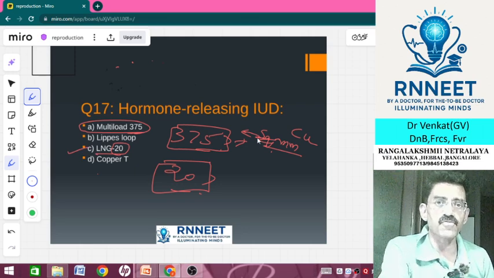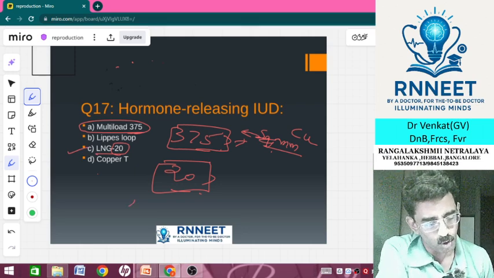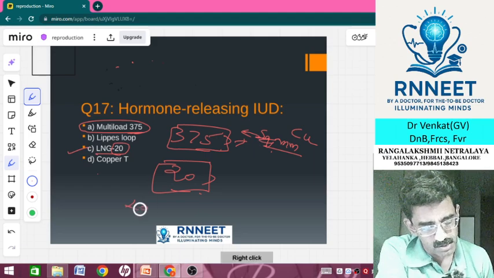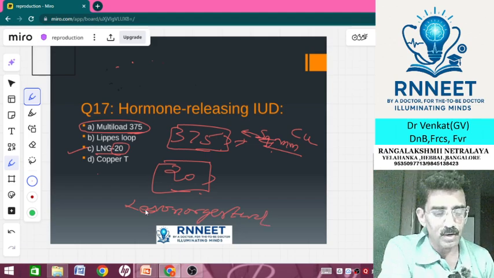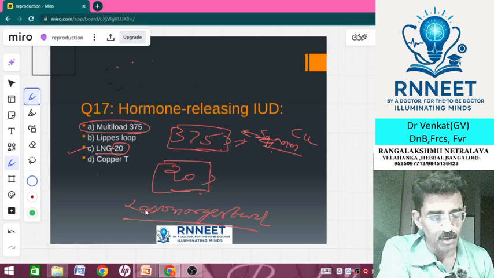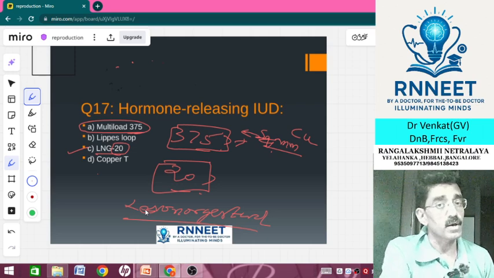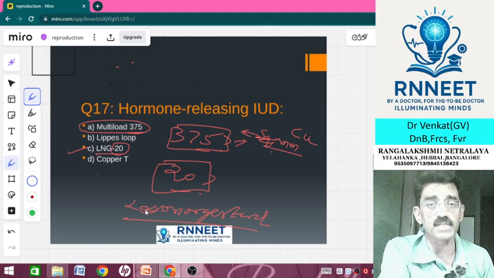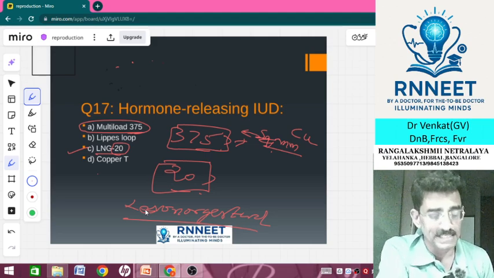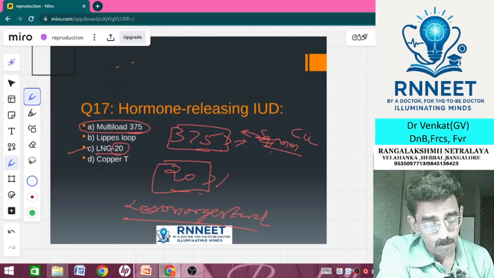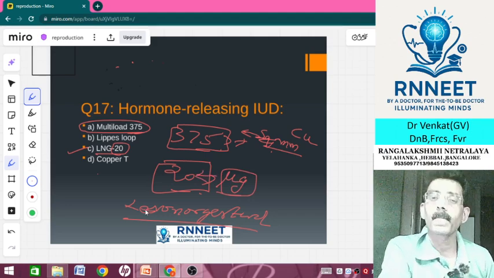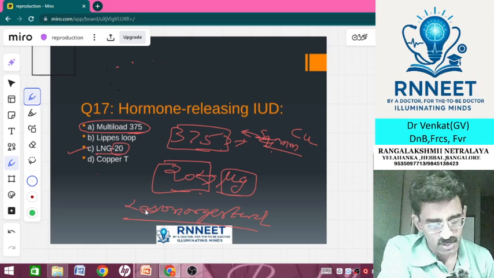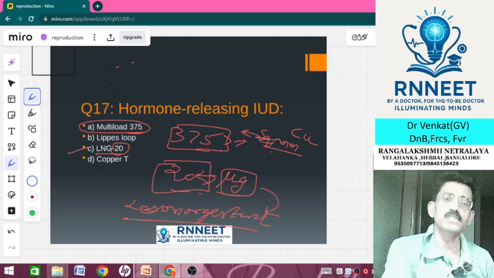What does LNG stand for? Levonorgestrel. Now why is it given 20? Is it 20 square millimeter? No. Here it is copper, so it is 375 square millimeter, whereas here it is 20 microgram of this particular hormone, levonorgestrel.